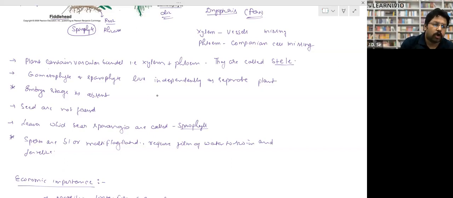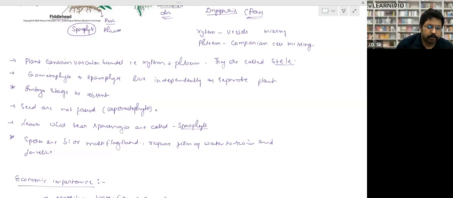Seeds are not found. So those plants where seeds are not present are called a spermatophyte. A spermatophyte means we do not have seeds, right?